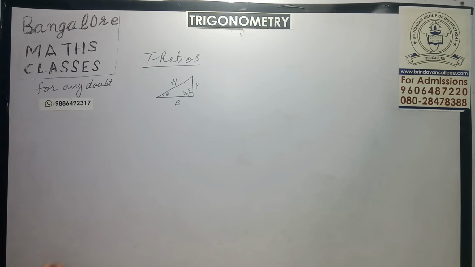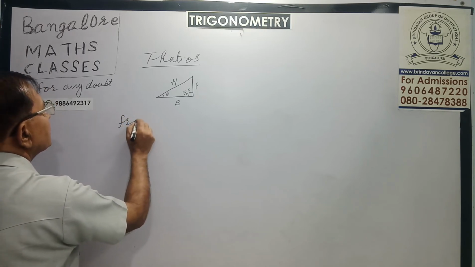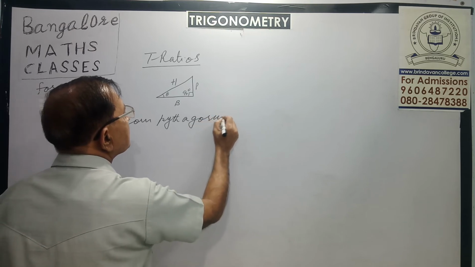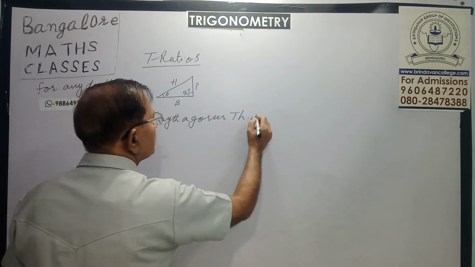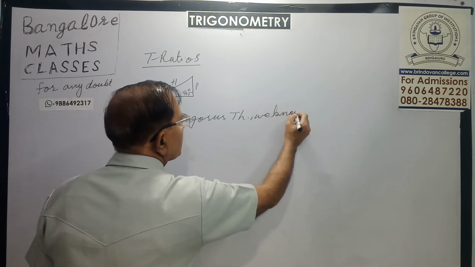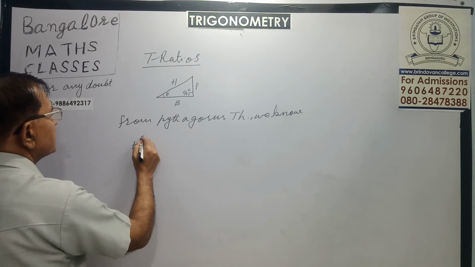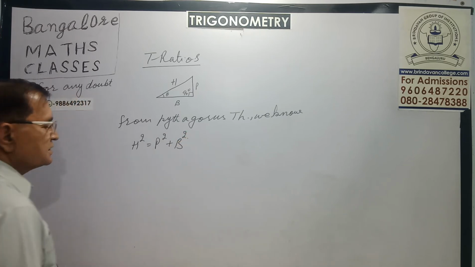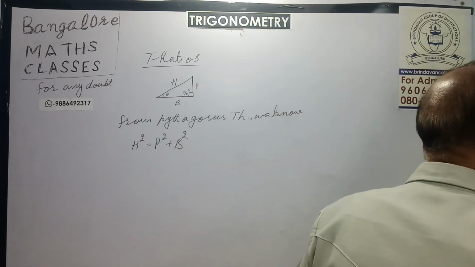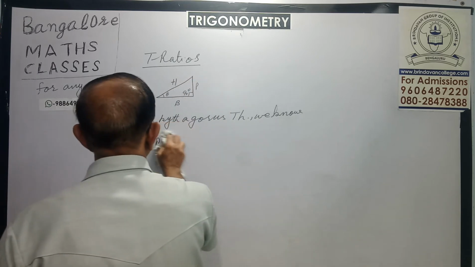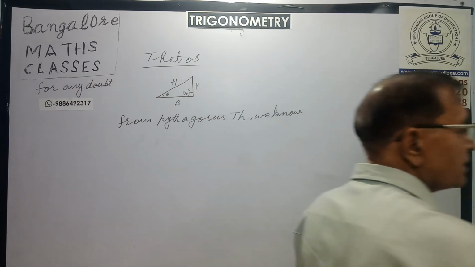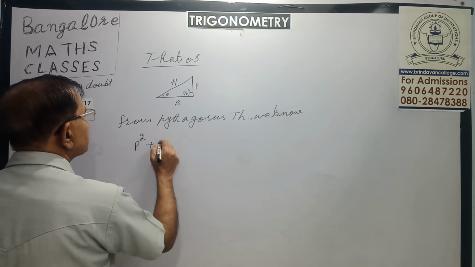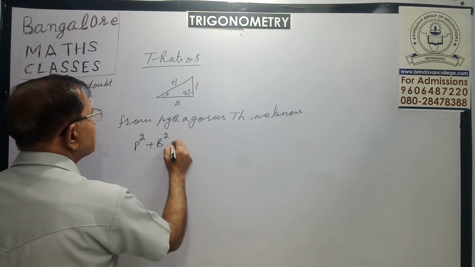Now from Pythagoras theorem we know H square equals P square plus B square, or better you write it as P square plus B square equals H square.